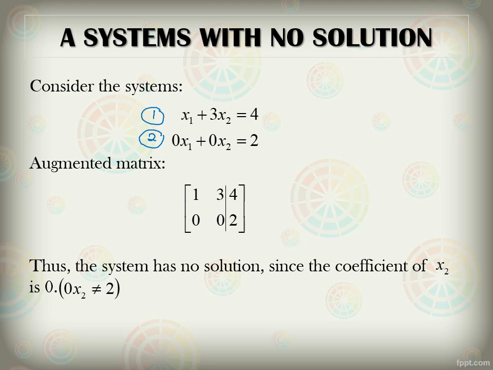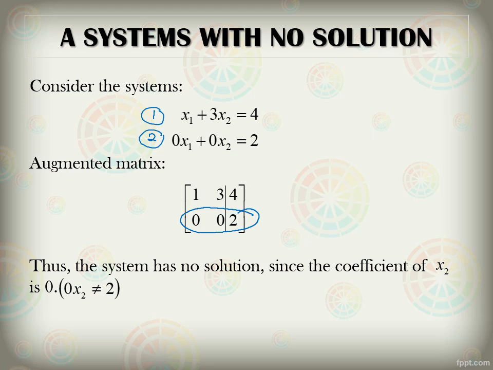When you look at your system of linear equations and you have 0 for your unknowns, and it equals some number at the right hand side, this is a sign of a system with no solution.